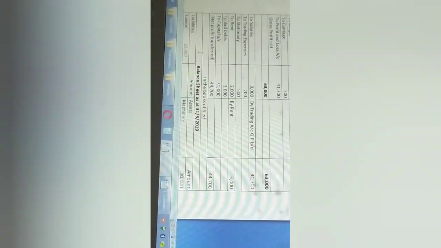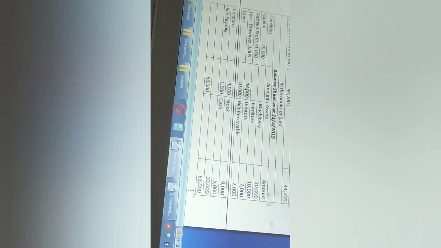And then we again did the balancing figure. After adding these two, 44,700, and subtracting all the items given over here, we got 31,000, which is the balancing figure. This balance is known as the credit balance and this is our net profit. We write 'to capital account, net profit transferred', and this net profit we transfer in the balance sheet as add net profit 31,000.